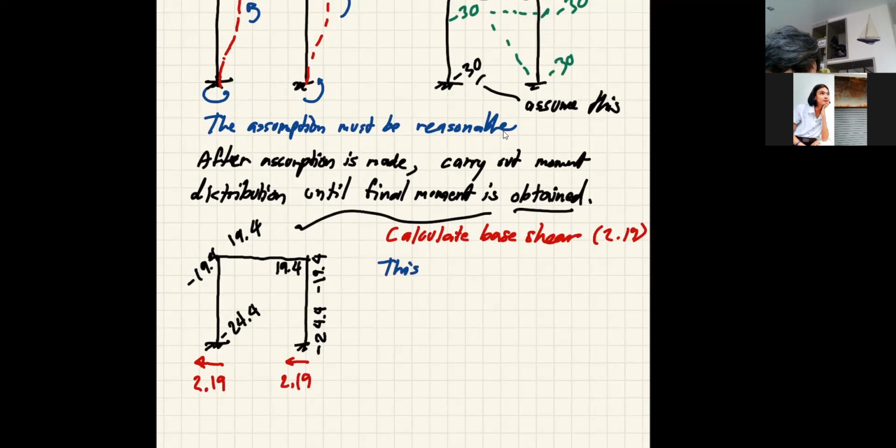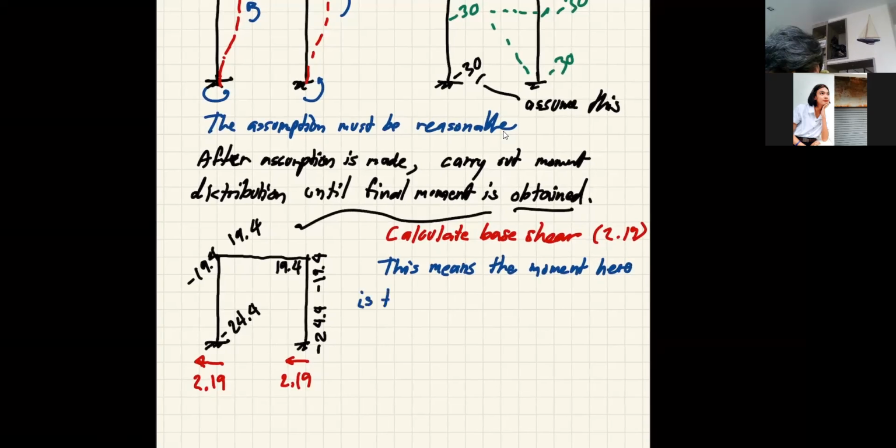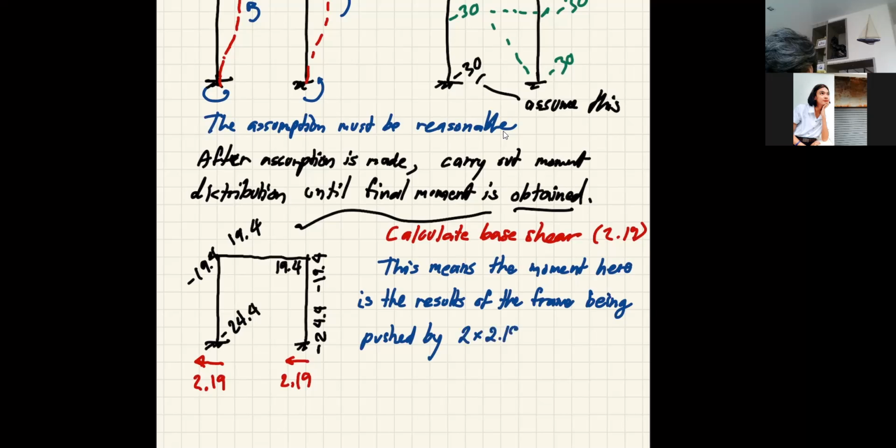This means the moment here is the result of the frame being pushed by the 2 multiplied by 2.19, which is 4.38.